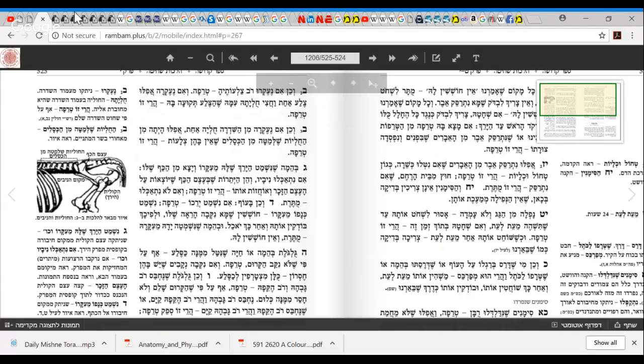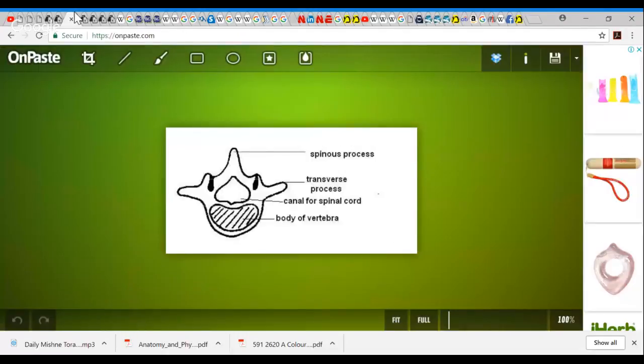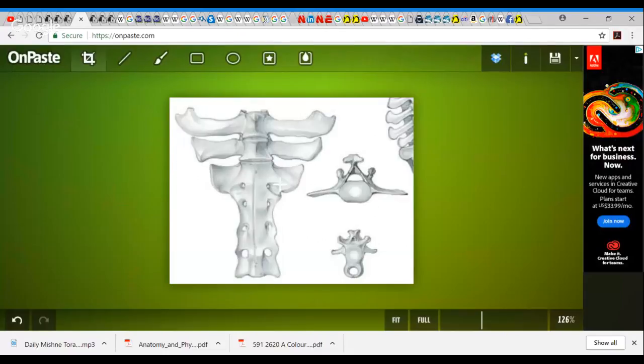This is the top of the sacrum. So if this is where the pelvis connects to, then under it are the choliot, the vertebrae that do not have any tzilaot. Above it, however, there are tzilaot.